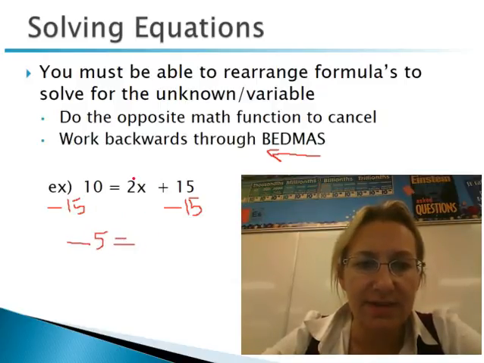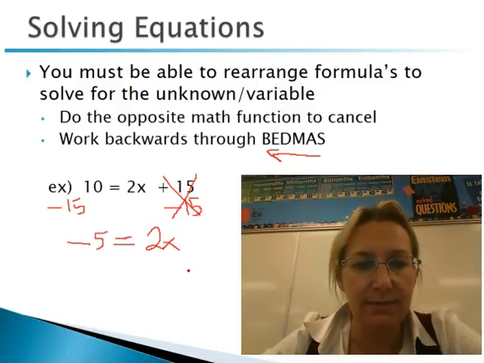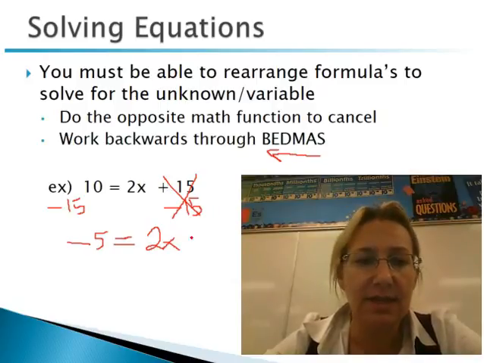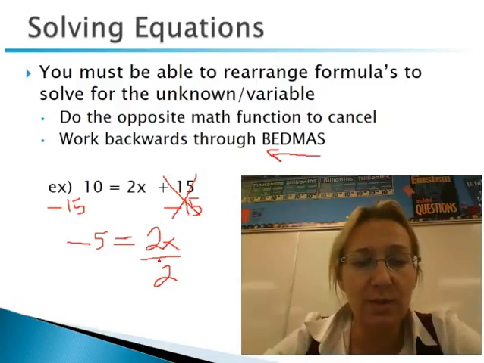Now, on this side of the equation, all we have left is 2x, because plus 15 and minus 15 canceled each other. So we're on our way to getting that x by itself. So now we're moving along. We have multiplication. So the opposite math function of multiplication is division. So in order to cancel the 2 from this side, we have to divide this side by 2. We're allowed to do that in math as long as whatever we do to one side, we do to the other.